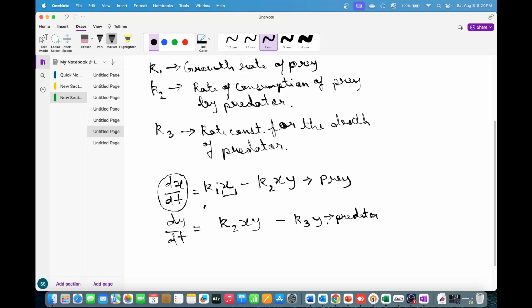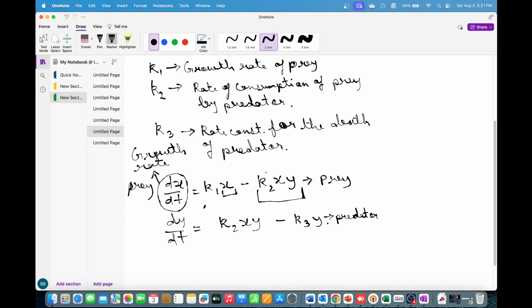After that initial number, the prey is getting eaten up. So that's why this negative sign. What dx/dt is giving you is the growth rate of the prey, how prey is evolving, how prey is growing. The growth rate of the prey will depend on the initial number of prey, which is given by k1x, and it also will depend on the number of prey that is getting eaten up by the predator, which is given by the expression k2xy.